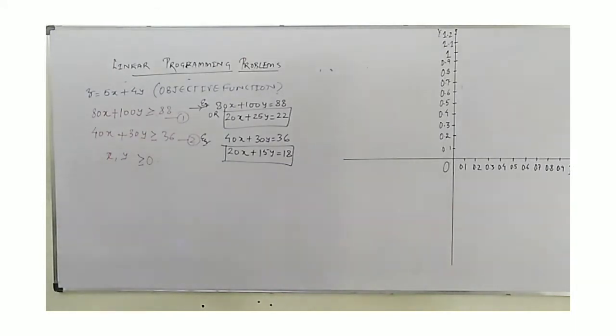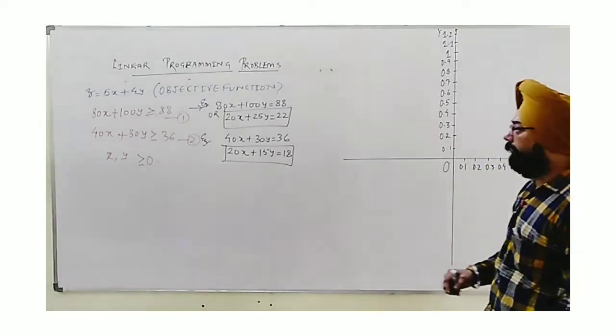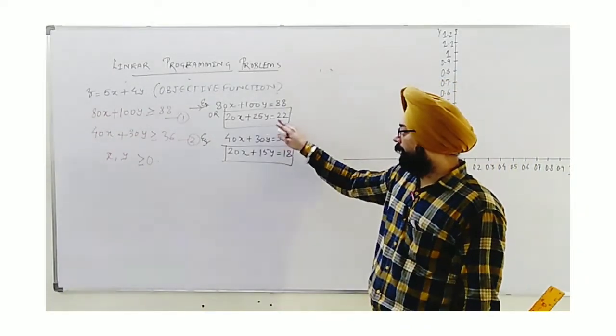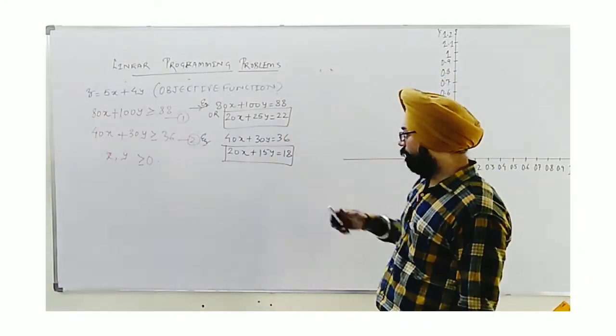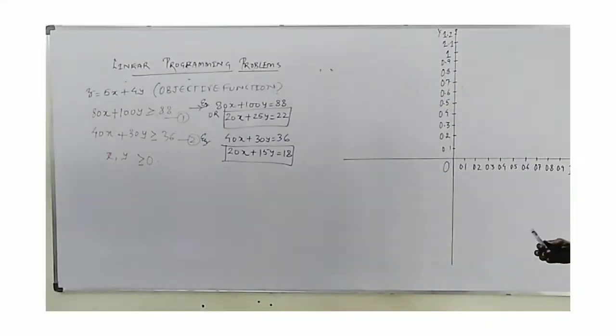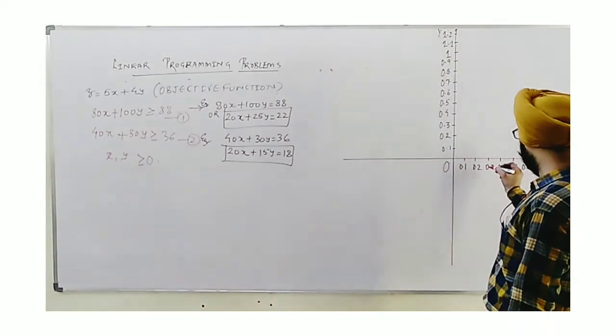Now I have to plot these lines on the graph. Verbally we will see and plot that. Here if I take y equal to 0, x comes 1.1. So let's mark this for the first one. x is equal to 1.1.